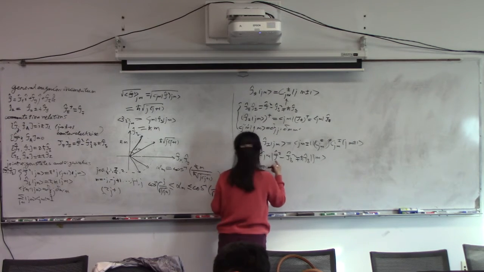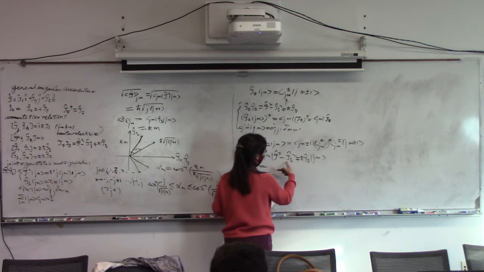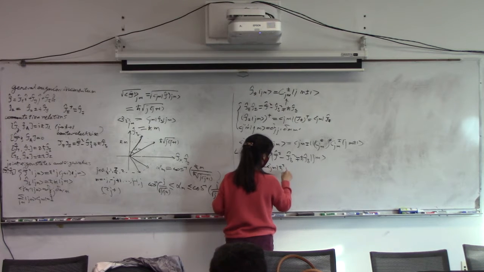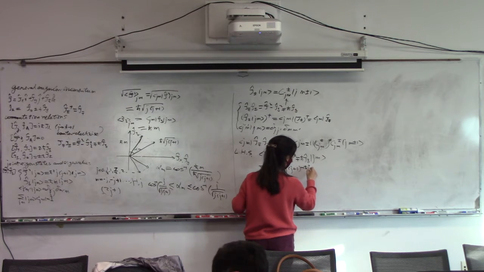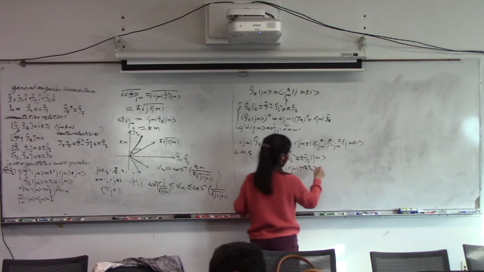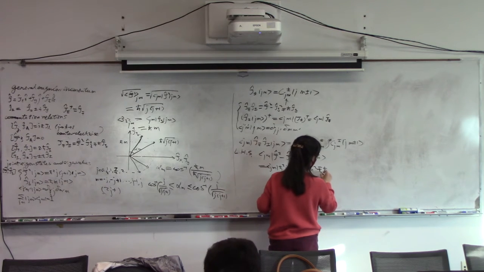Here J square is h bar square j times j plus 1, and this is h bar square m square. And minus plus h bar times h bar m, right?